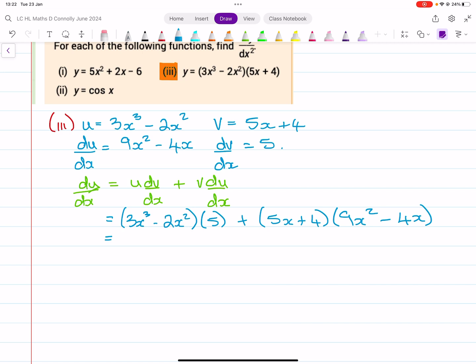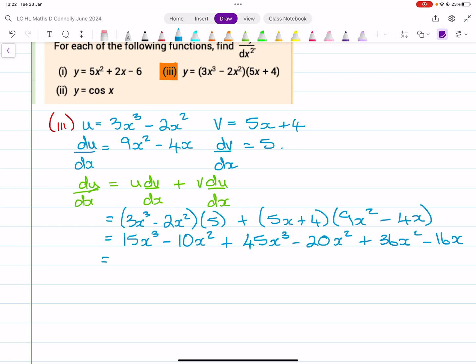Multiply it out. So 15x cubed minus 10x squared plus 5 9s are 45x cubed minus 20x squared plus 4 9s are 36x squared minus 16x.